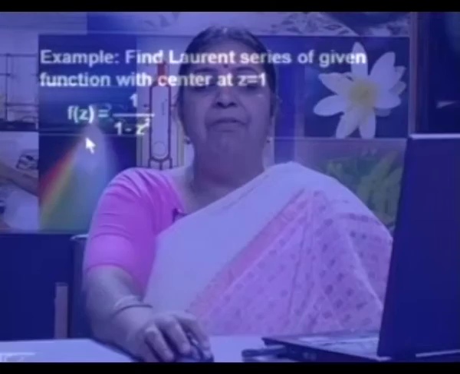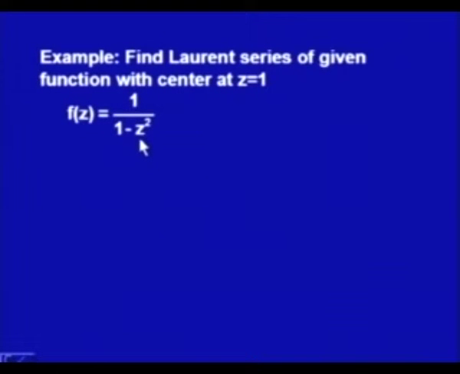So, here we have to find the Laurent series for the given function f z is equal to 1 upon 1 minus z square with center at z is equal to 1. One may notice that this function f z is not analytic at z is equal to 1.